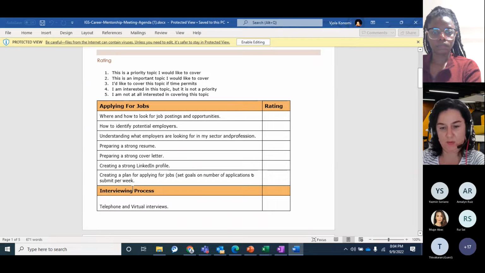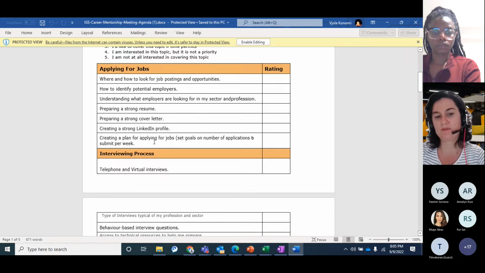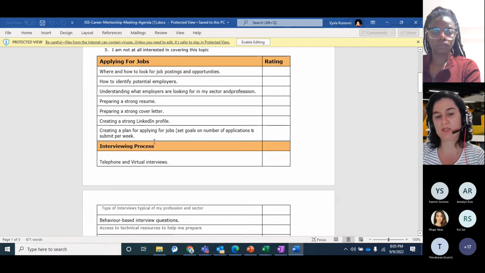And then the domains that I was talking about are how to apply for jobs, for example, where and how to look, how to identify potential employers, understand what employers are looking for in your specific sector, preparing a strong resume, preparing a strong cover letter, creating a strong LinkedIn profile, and creating a plan for applying for jobs.